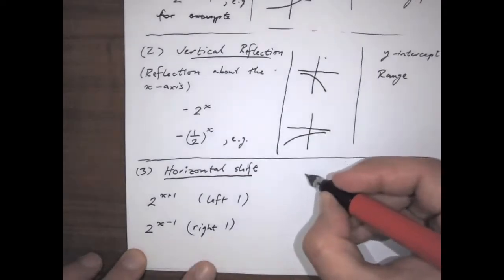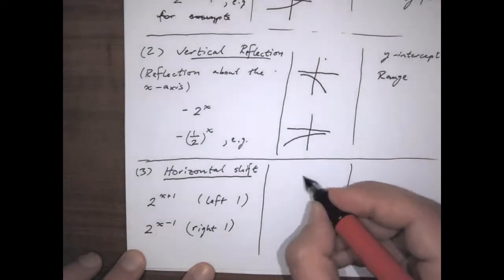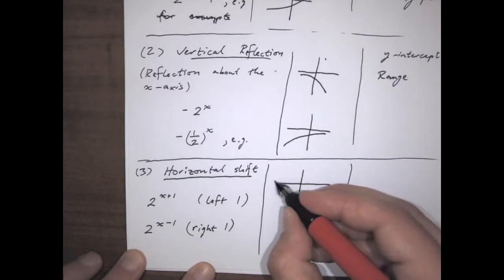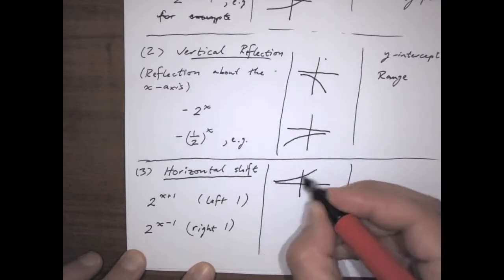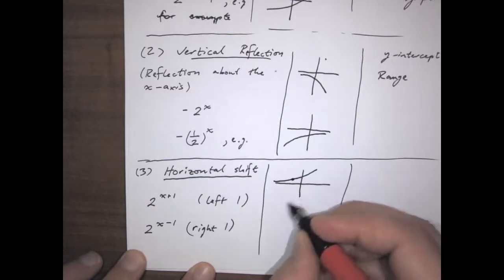Graphically, what this means is that what we were using as our basis for our A is actually being shifted over.